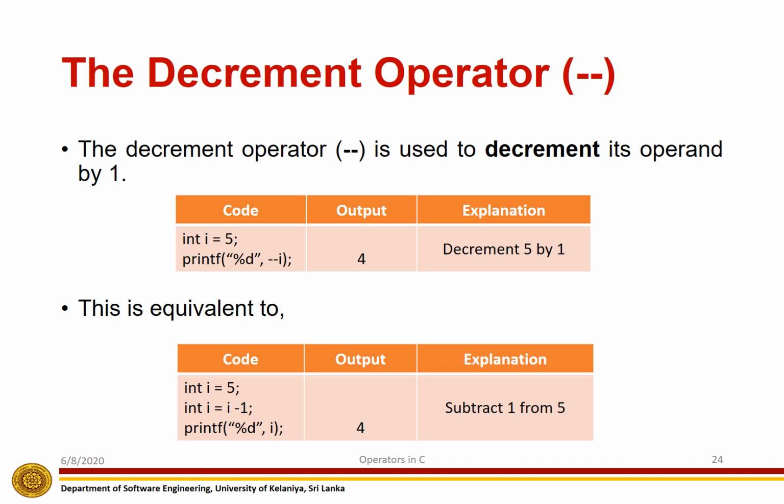So it will give the output as 4. And also in the second table you can see int i equal 5, then i equal i minus 1. It is equivalent to the decrement operator, so it also prints the value 4. So --i and i minus 1 are both the same.